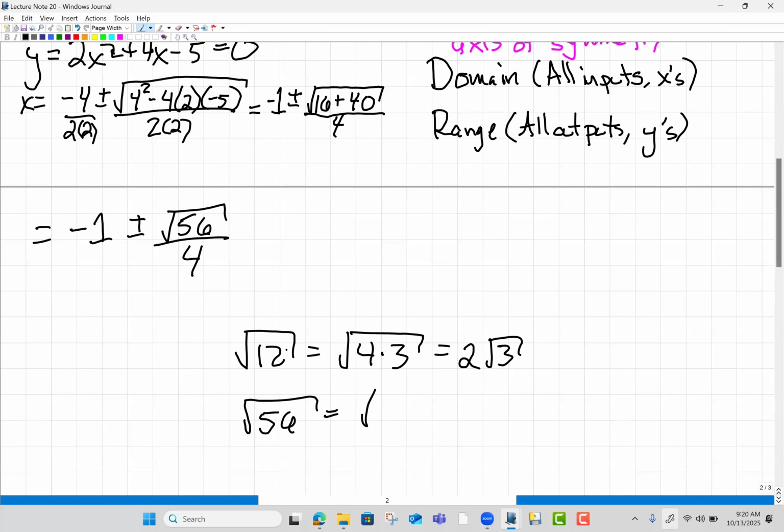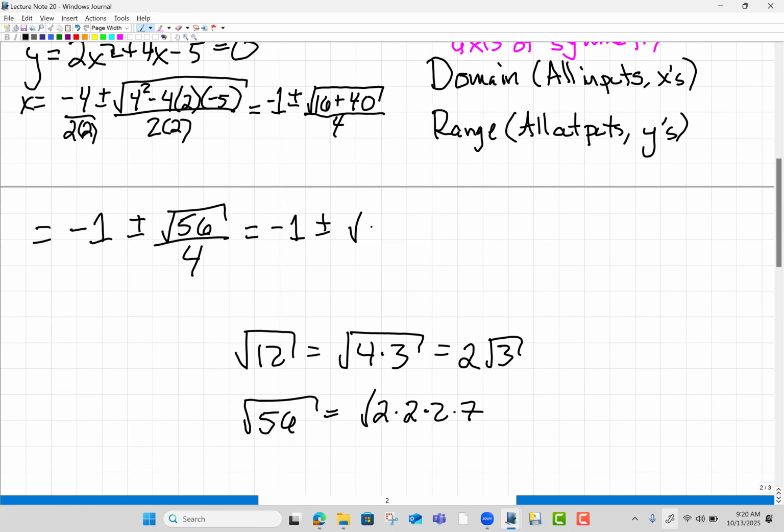If I don't know if there's a perfect square, I just do prime decomposition. I know this is 2 times something. What is it? 2 times 28, right? But 28 is 2 times 14, but 14 is 2 times 7, right? 8 times 7, that's 56, right? So, yeah, we can do something with this.